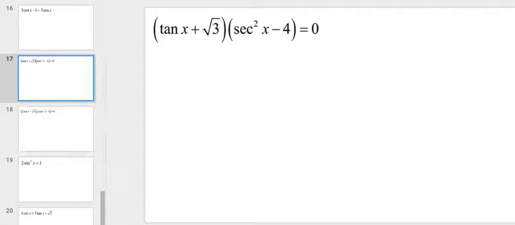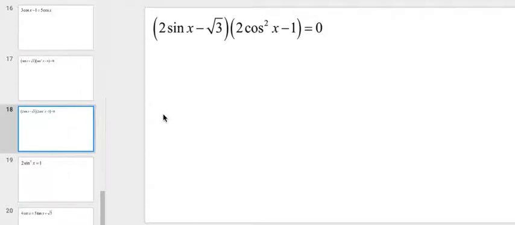Let's go on to number 18. So here's our new problem. 2 sine of x minus root 3 times 2 cosine squared x minus 1 is supposed to equal 0. So we can ZPP immediately. 2 sine x minus root 3 is equal to 0.